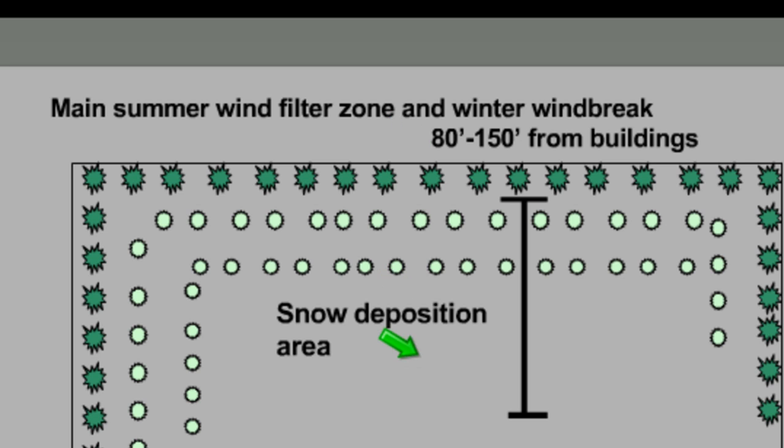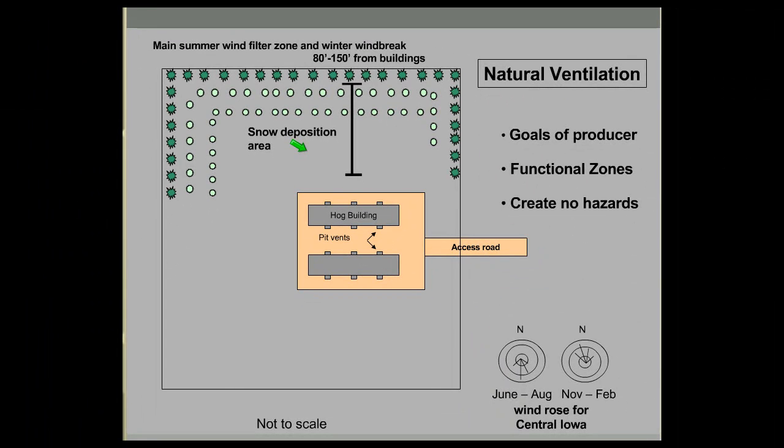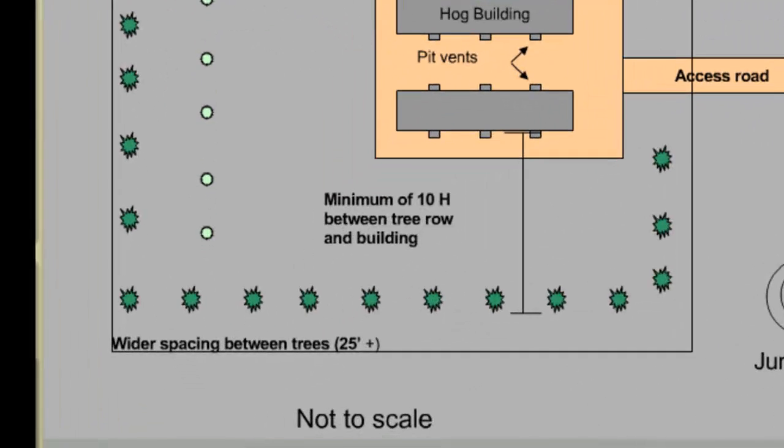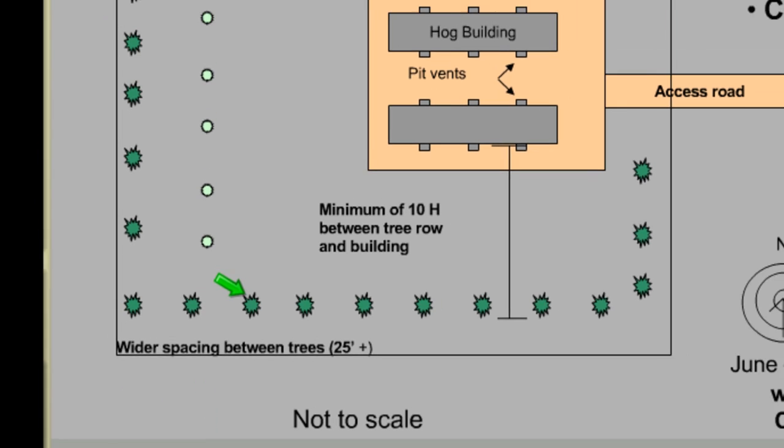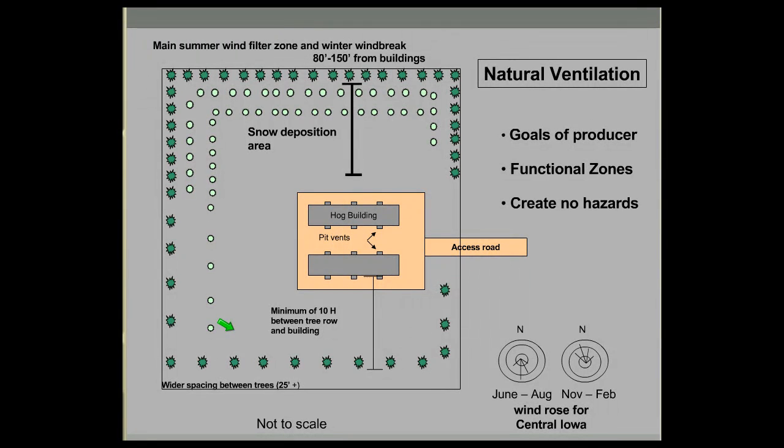Of course, depending on the species that you use and the spacing between trees, you can have them at variable distances. So here, if you wanted to have some southern coverage, but we're concerned about summer ventilation, you might have some very wide spacing. So you still get a little bit of continuity from a visual perspective, preventing some of the particulates from moving downwind from the facility across this area and picking up VOCs.